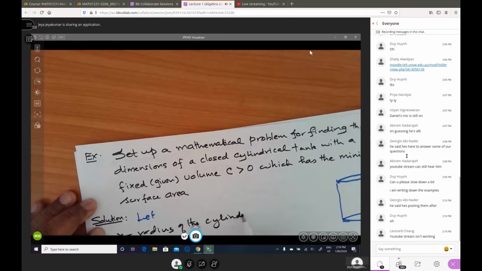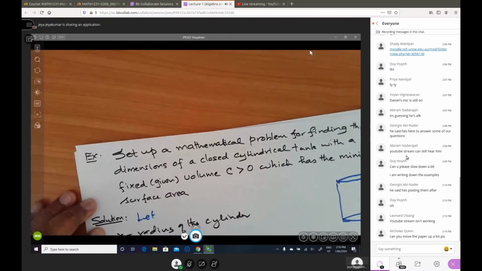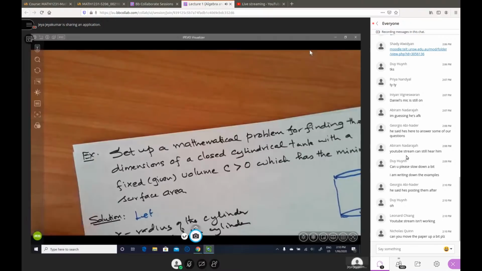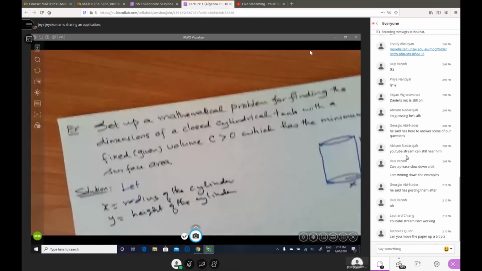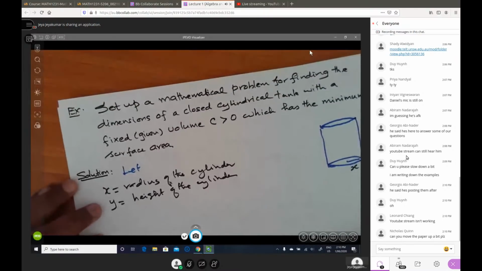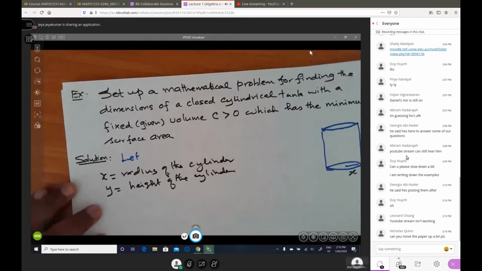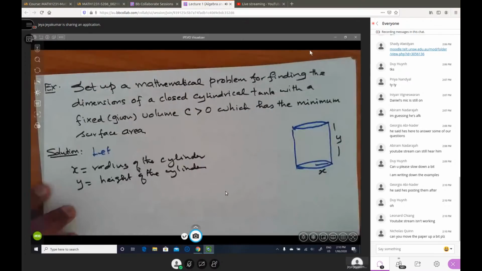So we're talking about y, the height of the cylinder. Okay. So then we would like to describe the volume in terms of the variables x and y.